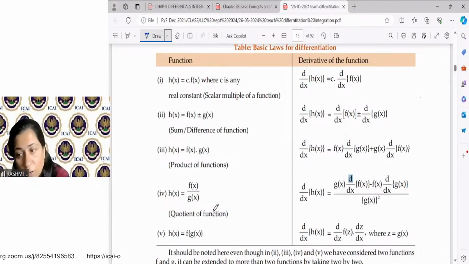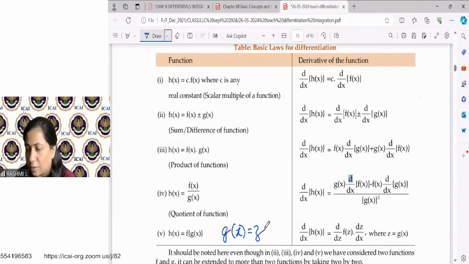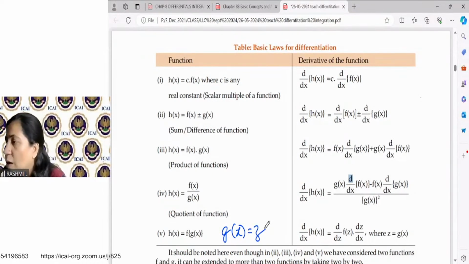If I have a quotient of functions, then d by dx of h(x) will be equal to, in the denominator, the second function whole square, and in the numerator, second function into derivative of first minus first function into derivative of second. And if I have an embedded function, h(x) equal to f of g(x), then it will be equal to d by dz of f(z) into dz upon dx, where I have substituted g(x) as z.